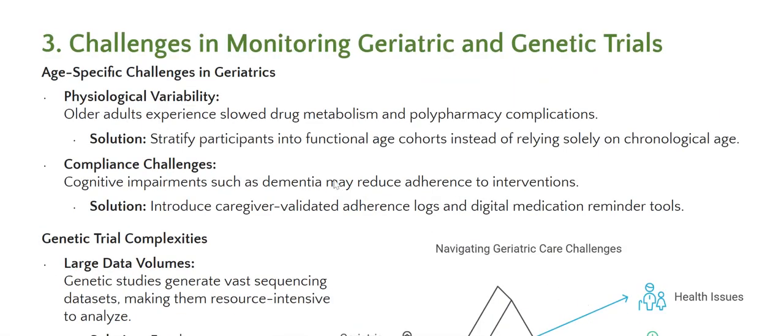Then we have challenges. Challenges in monitoring geriatric and genetic trials. Age-specific challenges in geriatrics, physiological variability: older adults, elderly, or geriatric patients experience slow drug metabolism and polypharmacy complications.